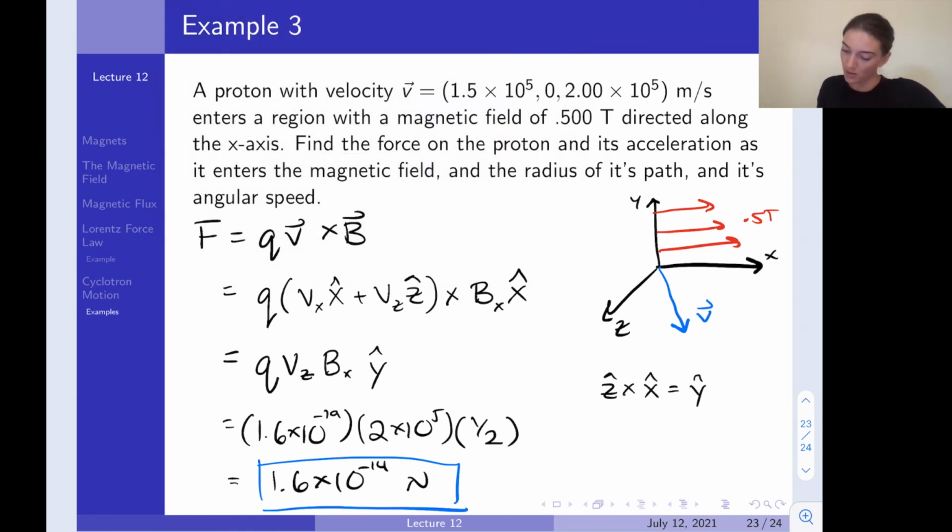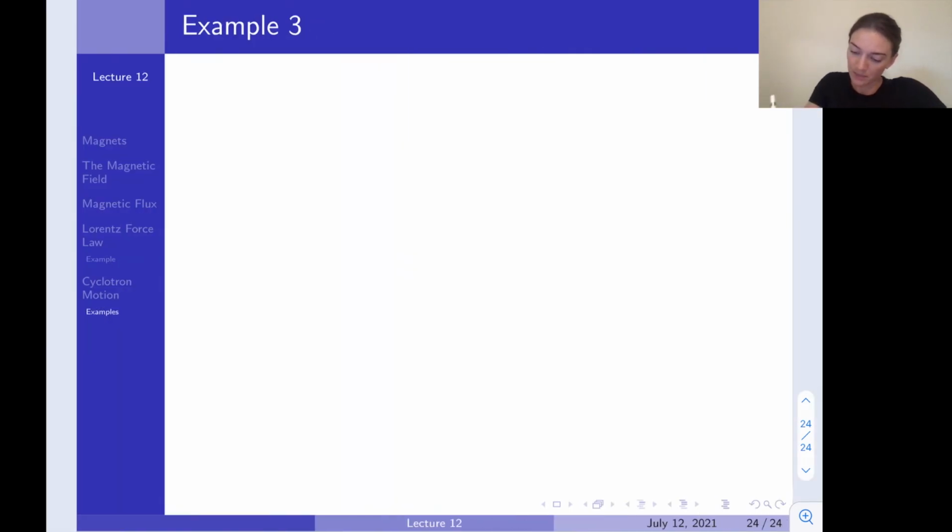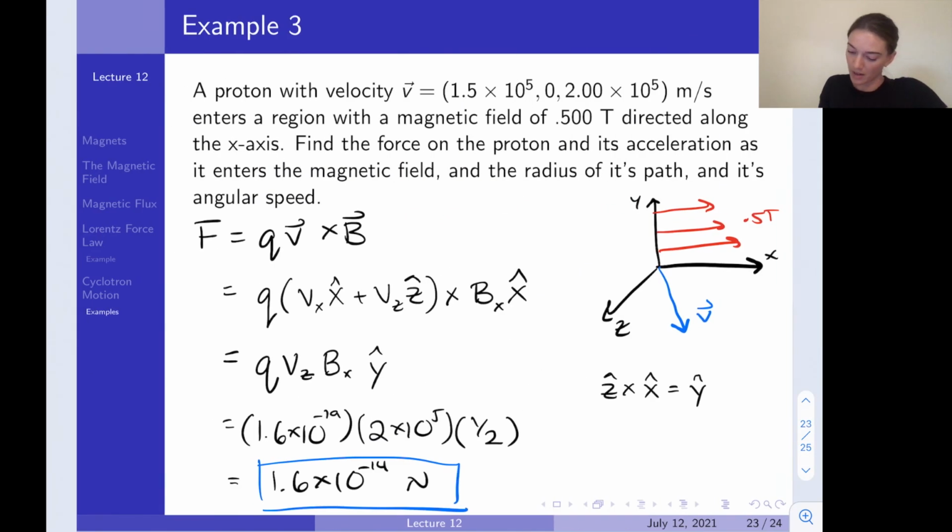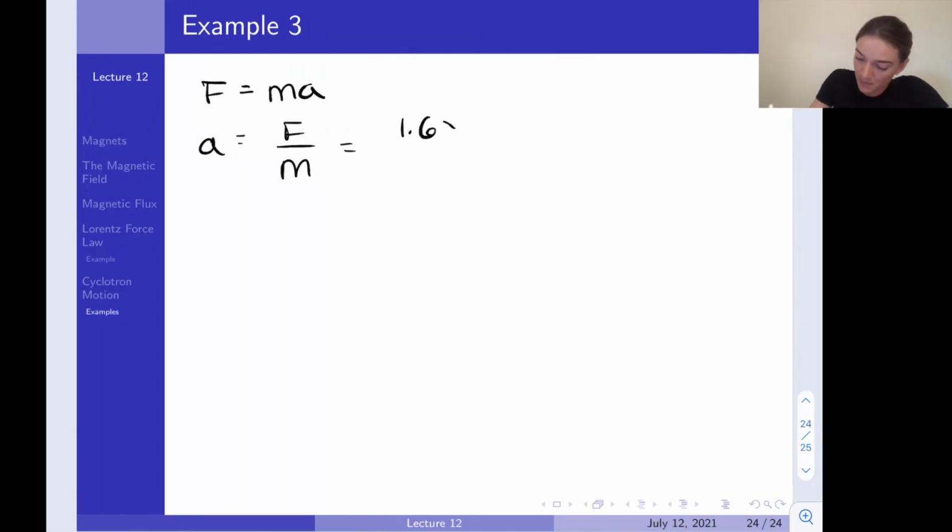So this is the force on our proton here. So we found its force. Now we want to find the acceleration. For the acceleration, remember F equals ma. So to find the acceleration, all we have to do is divide the force by the mass. Our force was 1.6 times 10 to the negative 14 in the y hat direction, and this is going to be in the y hat as well.